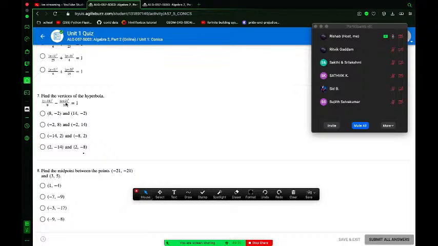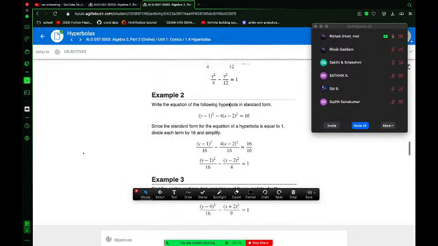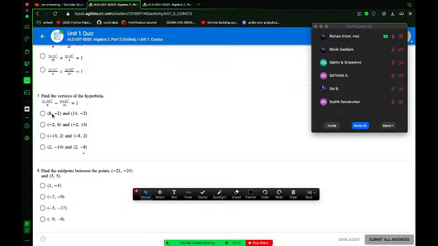Okay, I see something weird happening here. I don't know if you noticed, but over here it says the equation is x over the small number, but over here it's y over the small number. Let me zoom in a little bit.